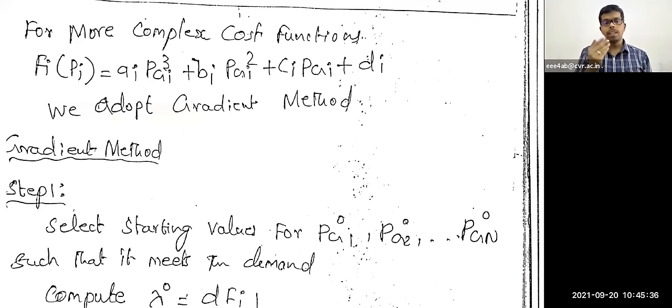In one generating station, there are minimum 4 to 5 generating units. If you take almost all the generating units in all the states all over the country, the number of generators might come to 400, 500 generators.